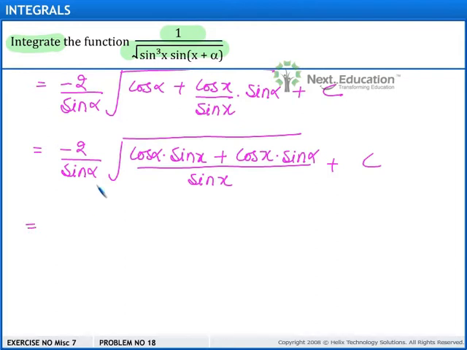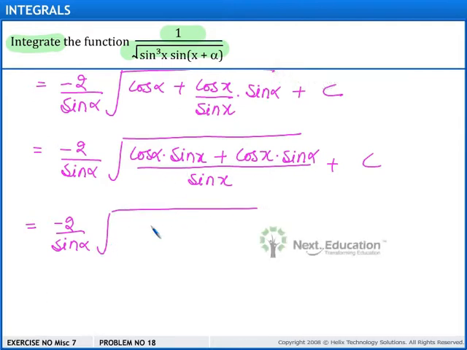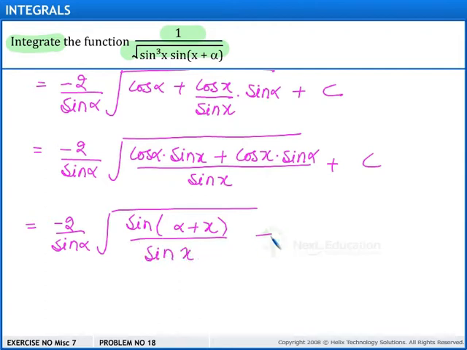Now the numerator cos alpha into sin x plus cos x into sin alpha can be written as sin of alpha plus x divided by sin x plus the constant.